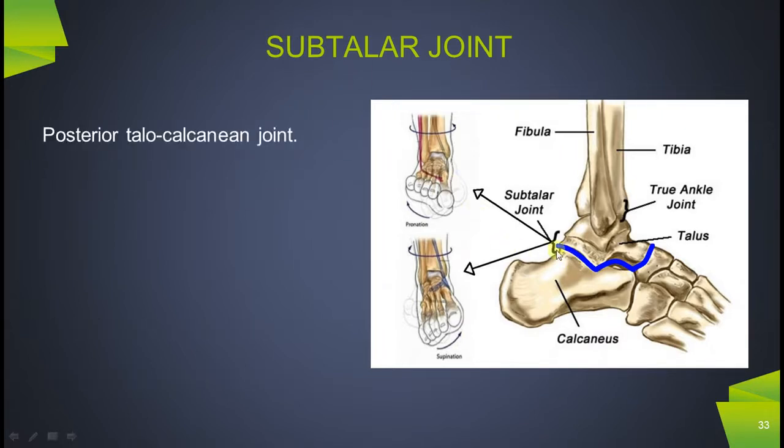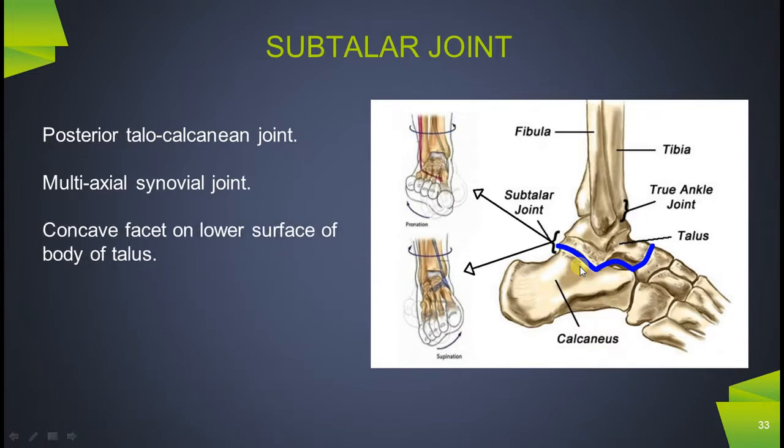It is also called the posterior talocalcaneal joint, between the posterior part of the talus and the calcaneum. It is a multi-axial joint, with more than one axis.